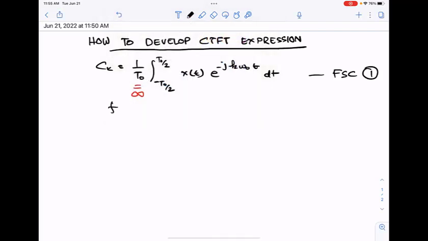Now frequency, as we know, is 1 over T, and frequency in radians is omega over 2 pi. Let's stick a 0 in here to make it all consistent.